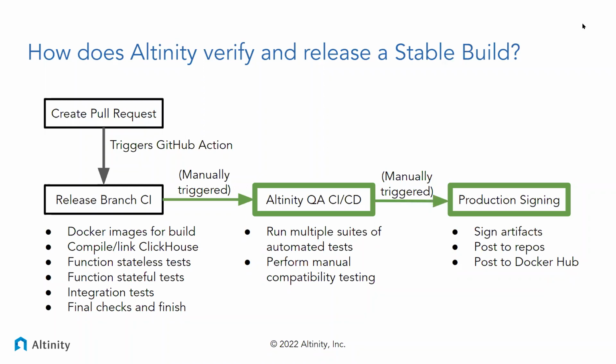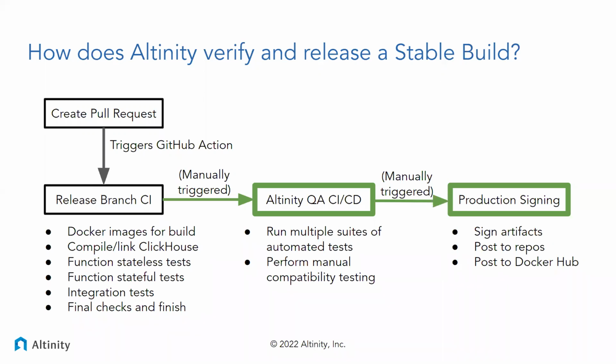So once we have the basic build report and we know that the build is good enough to be seen by the QA team, we let them know, and they start doing their work. At Altinity they run multiple series of automated tests, perform some manual testing, and sign off the build.